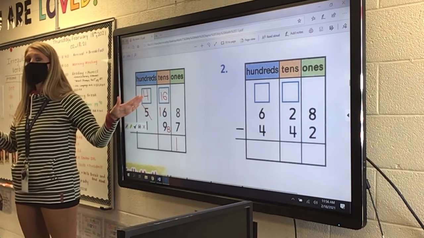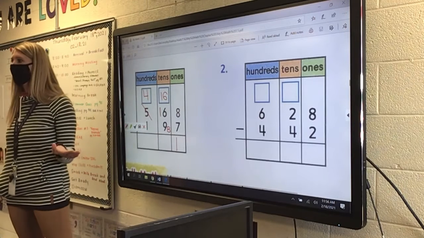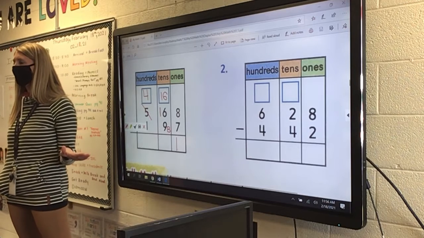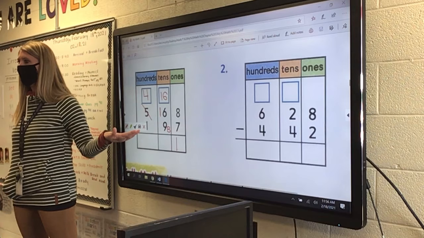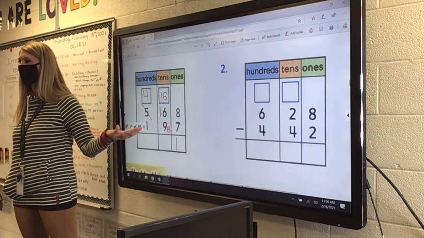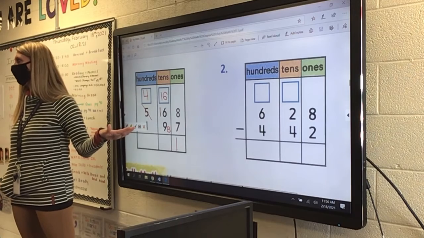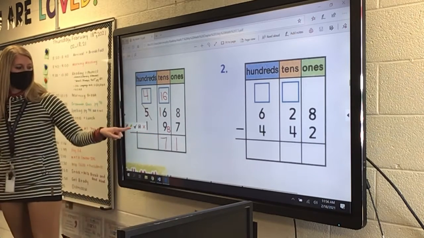This is where we need to know our math facts. What is 16 minus 9? Raise your hand if you know that. Ooh, 3 of you know it. 4, 5, 6. Mason, what's 16 minus 9? You forgot? It's okay, Riley. 7. Good job.